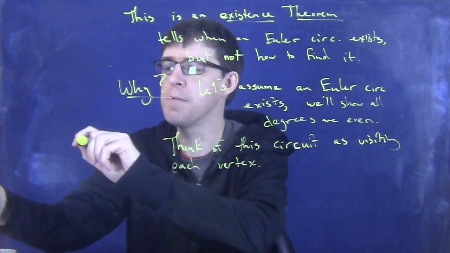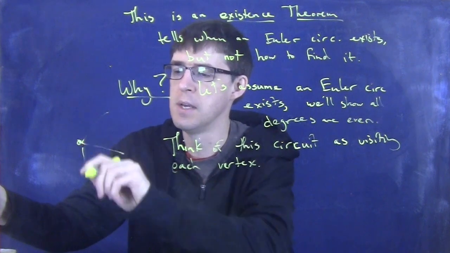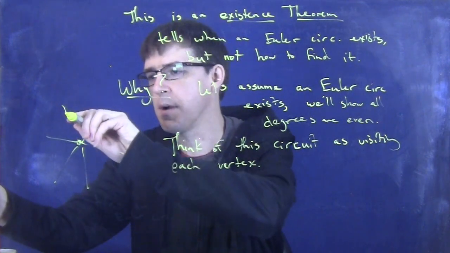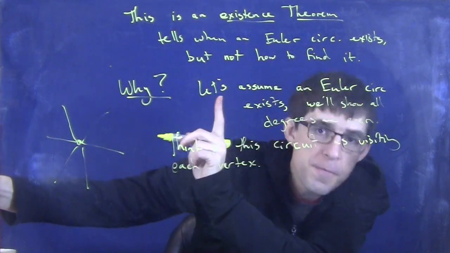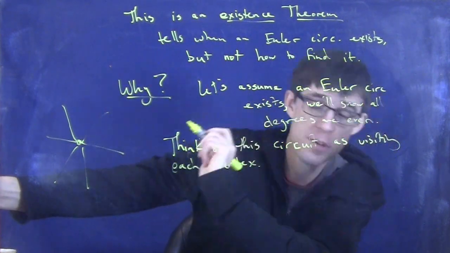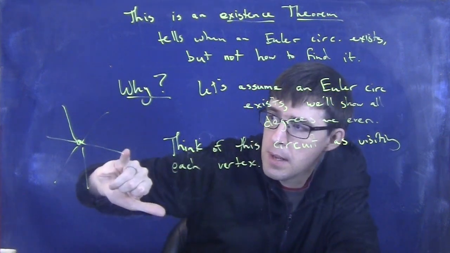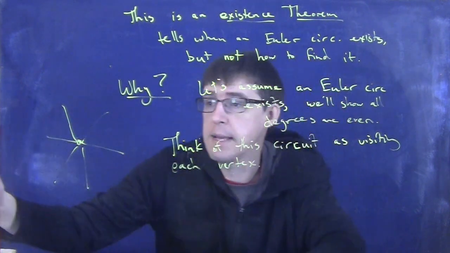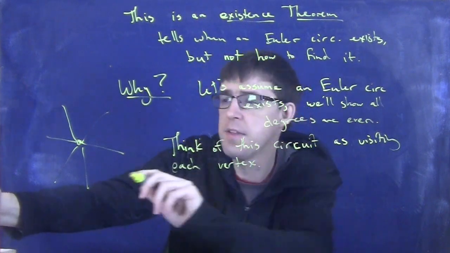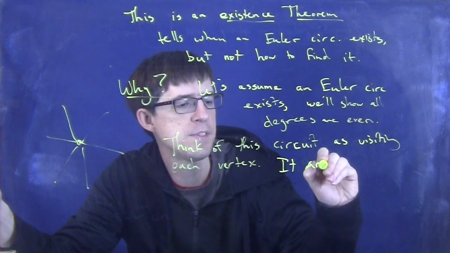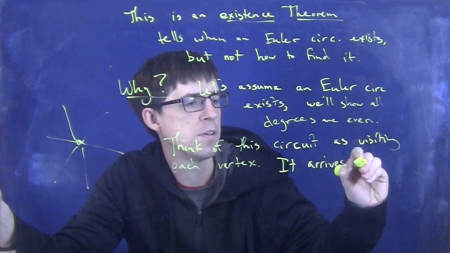So if we think of a typical vertex like this, it has a bunch of edges that come out of it, and if you have an Euler circuit, I said assume that the Euler circuit exists, then that Euler circuit must cover all of these edges, right? And so I'm going to think of it, this circuit arrives along some edges.